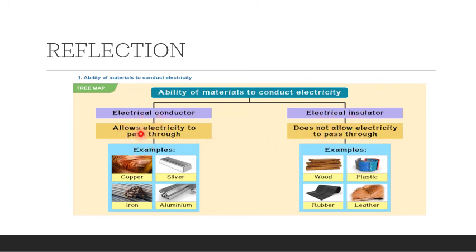An electrical conductor allows electricity to pass through, such as copper, silver, iron, and aluminium. Electrical insulators do not allow electricity to pass through. Examples, wood, plastic, rubber, and leather.